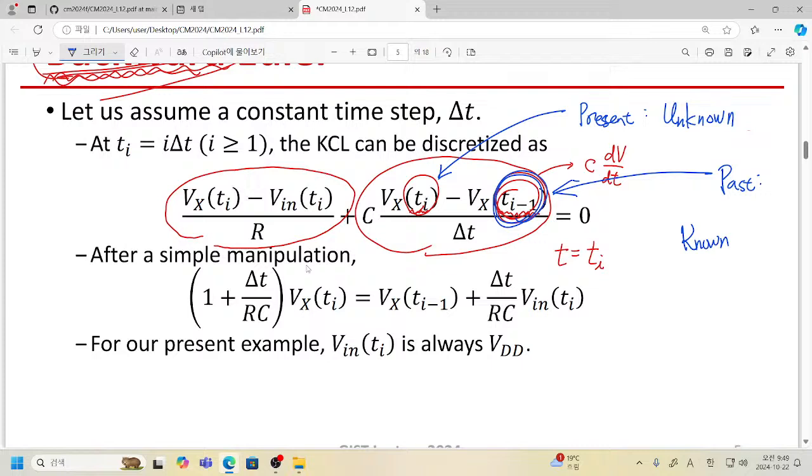So in this scheme, past is known and present is unknown.